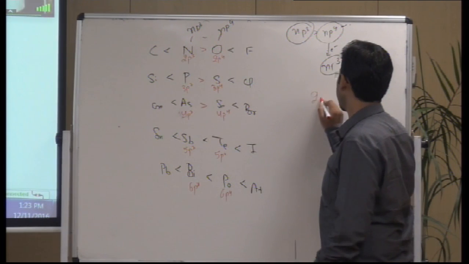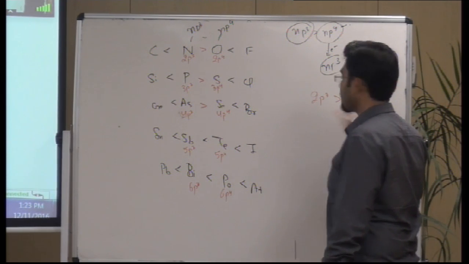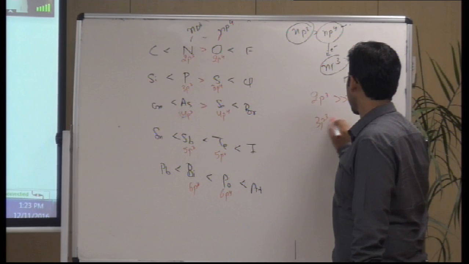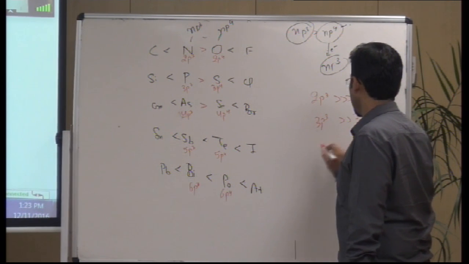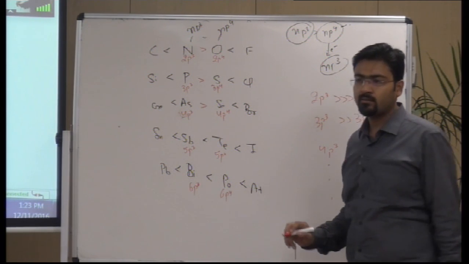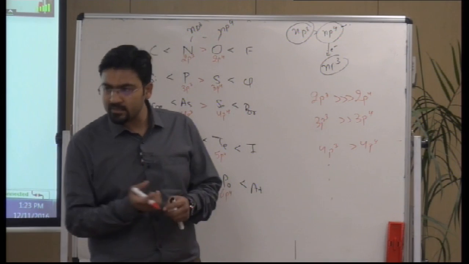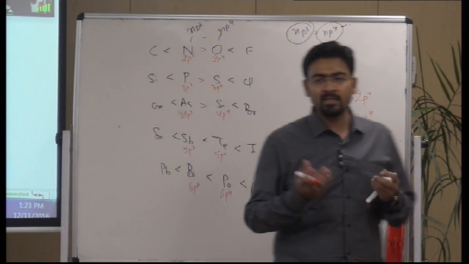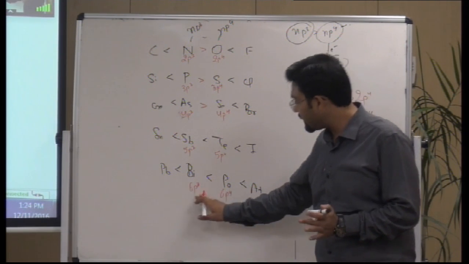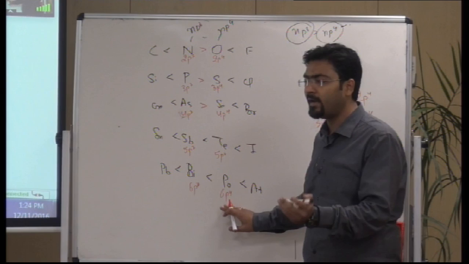If I try to represent it by the number of greater than signs, 3p3 would be like this, and 4p3 and 4p4 will be like this. So this will keep on decreasing. There is definitely a difference in stability, but because of the increase in size, the difference in stability of half-filled and partially filled decreases. 6p3 is definitely more stable than 6p4, but the difference in stability is not that high that it can reverse the trend.